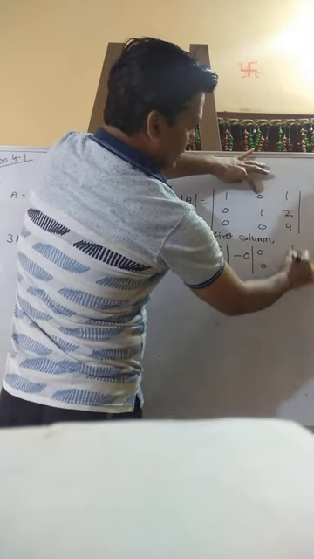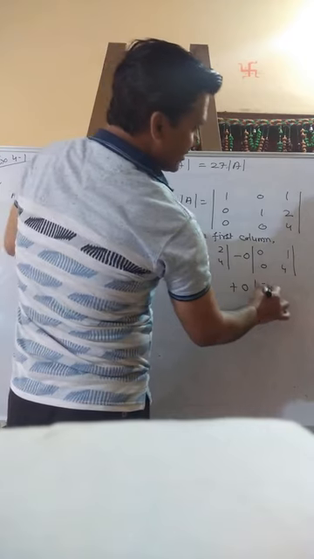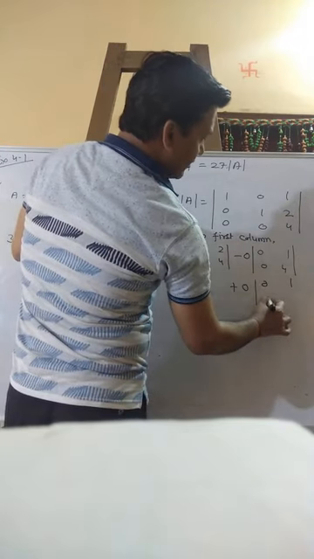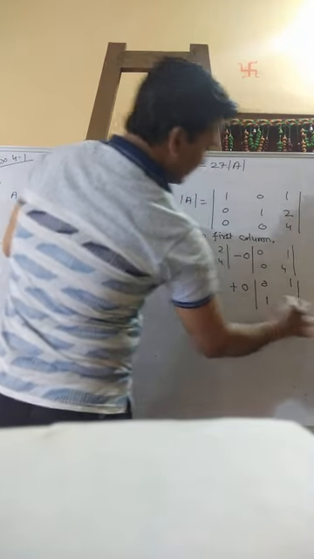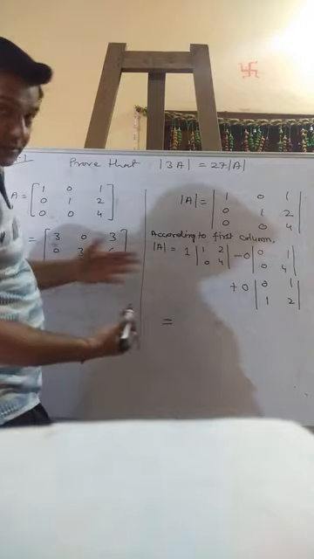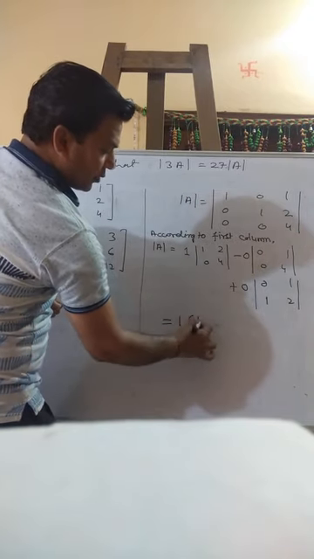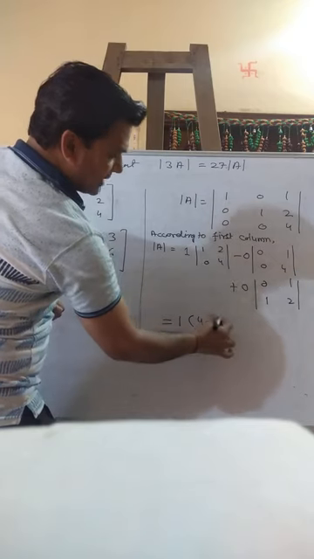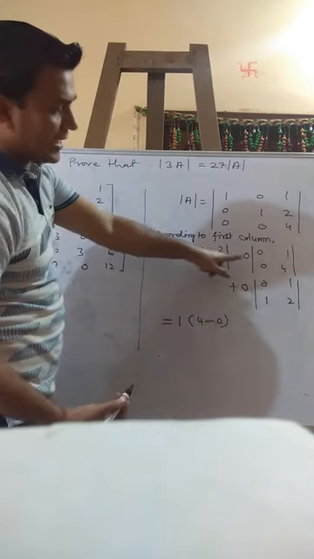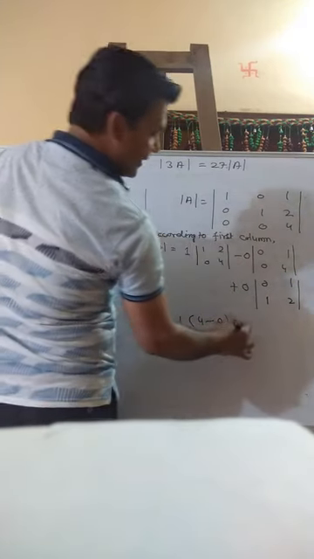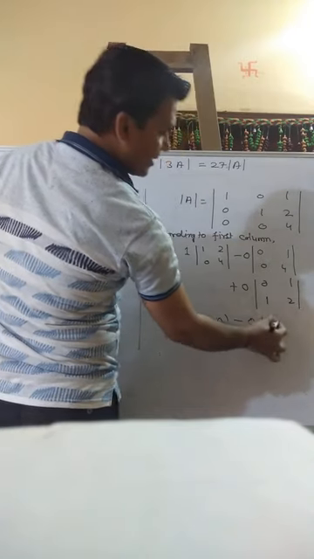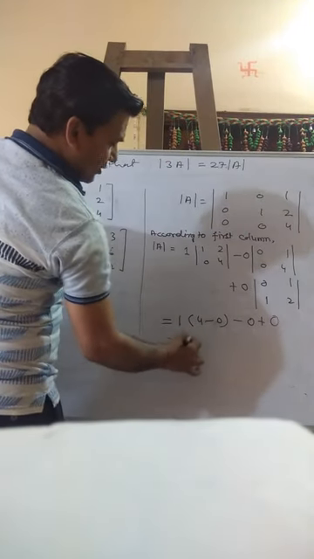The 4 elements are these 0, 1, 1, 2. Expansion of these two. 1 multiplied by 4 minus 2 multiplied by 0, 0. Any number multiplied by 0, you will get 0. Same here, 0. So the value is 4 here.